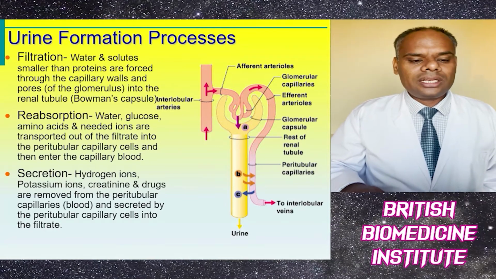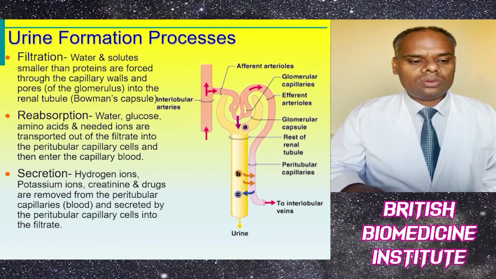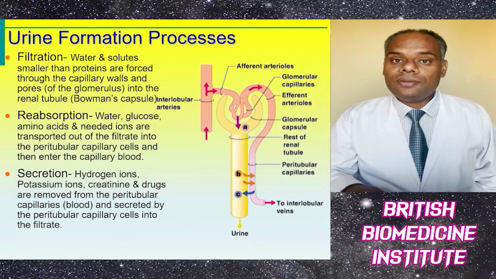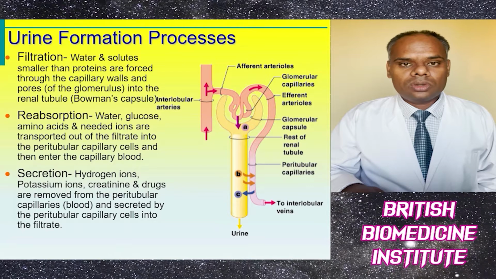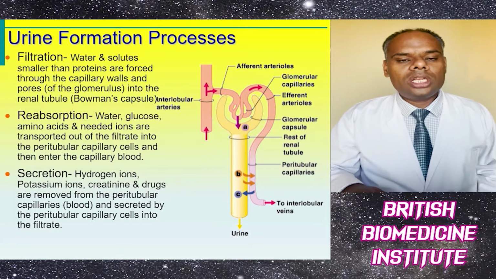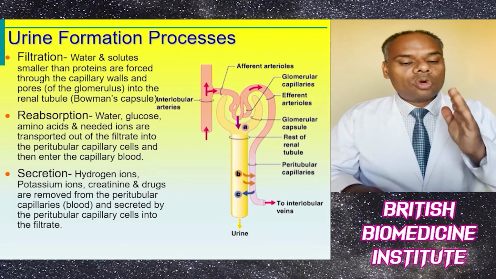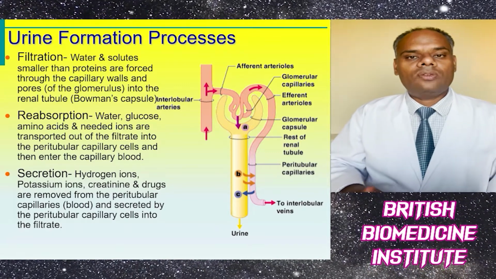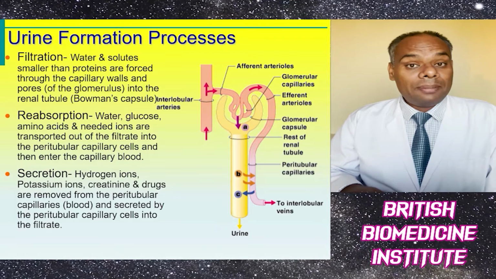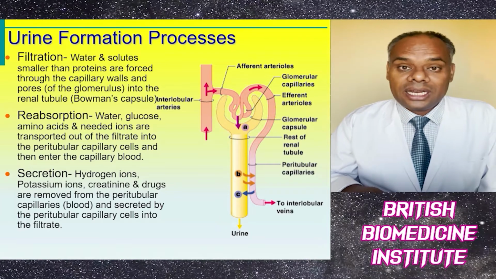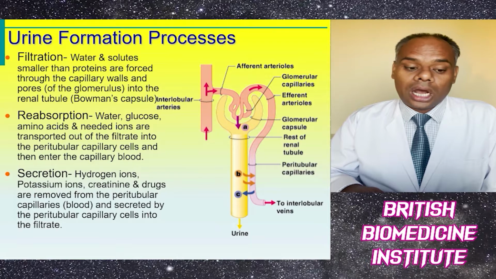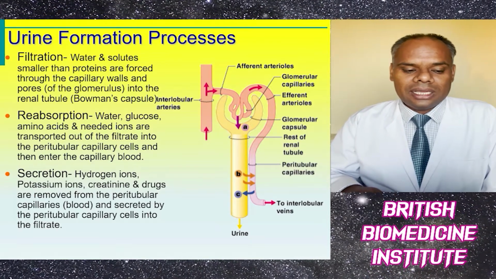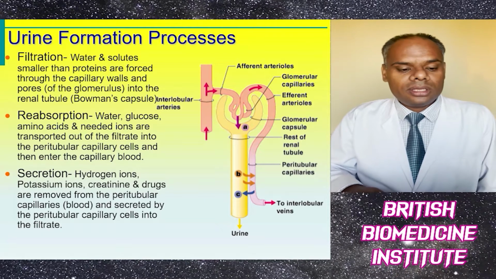Filtration: water and solutes smaller than protein are forced through the capillary wall and pores of the glomerulus into the renal tubule, also known as Bowman's capsule. Reabsorption: water, glucose, amino acids, and needed ions are transported out of the filtrate into the peritubular capillary cells and then enter the capillary blood.